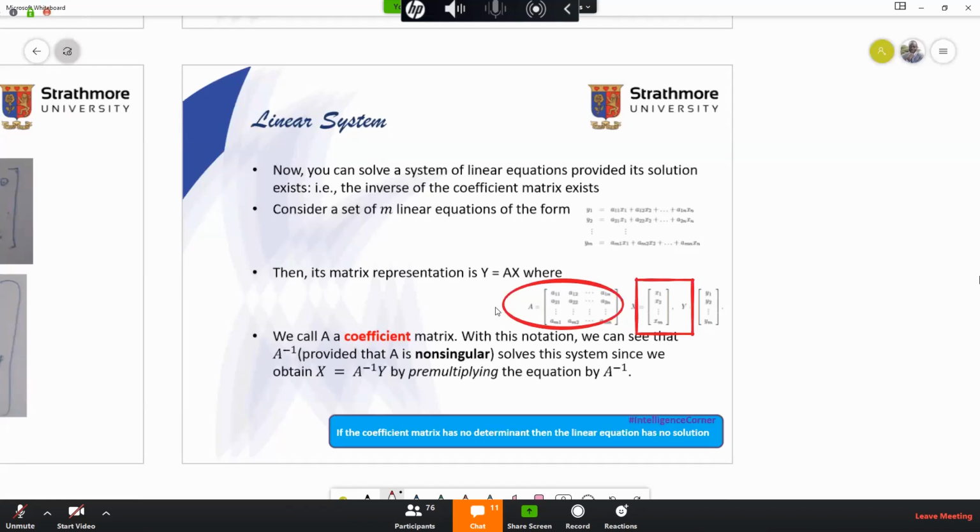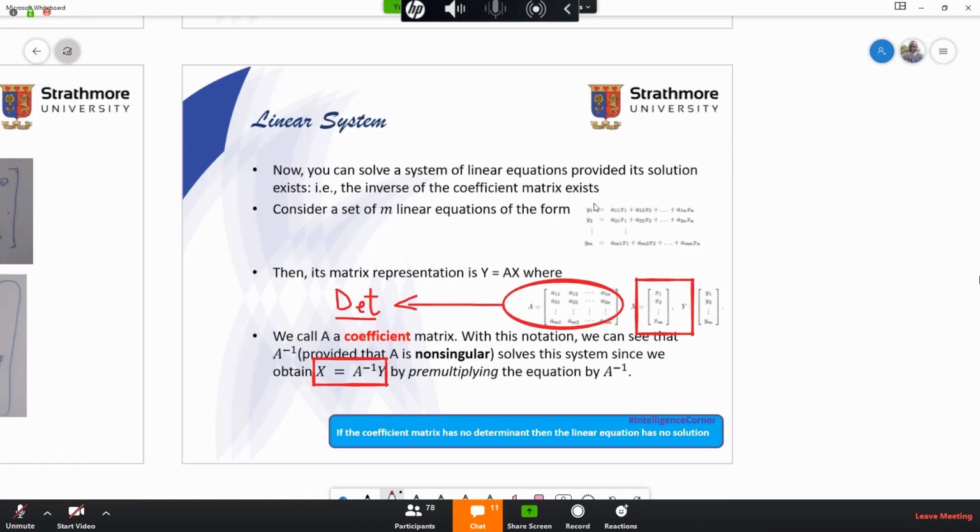So last time we checked on how to find the inverse of a matrix, and we saw there's something called a determinant, which we actually revised, okay, the determinant of a matrix.